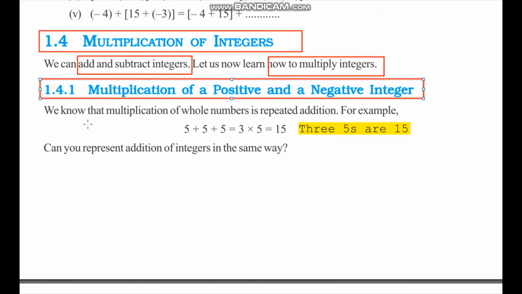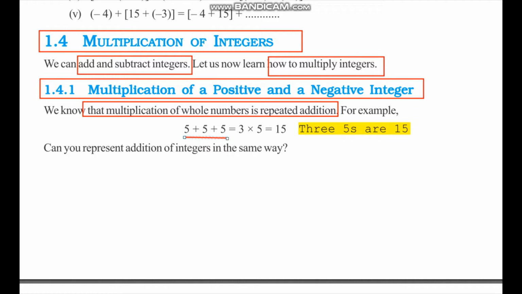Let us recall that multiplication of whole numbers is just repeated addition. So consider this example. Here we have 5 and it is repeated 3 times. So we have 3 5s. So this is 1, 2 and 3.